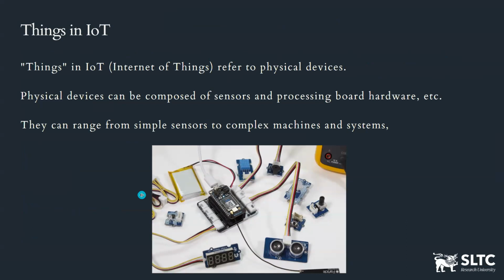Things are actually the physical devices used to create the IoT network. These IoT devices have these hardware components, which are referred to as things in IoT.